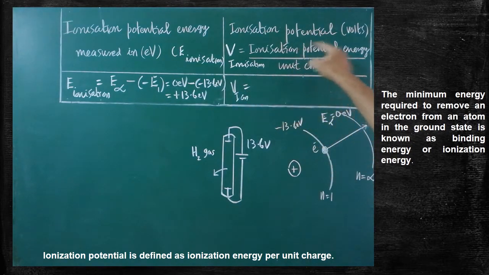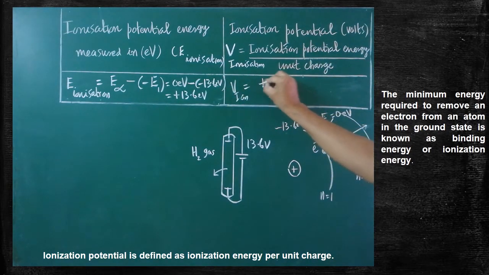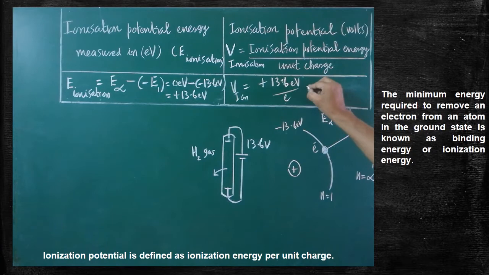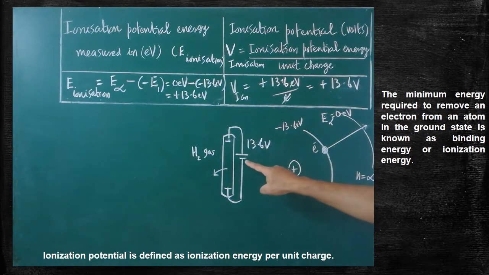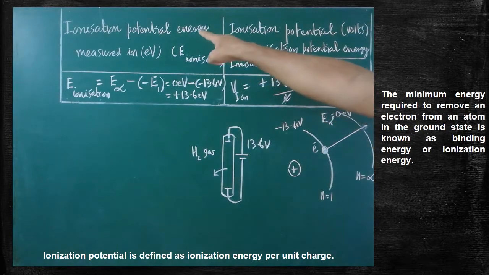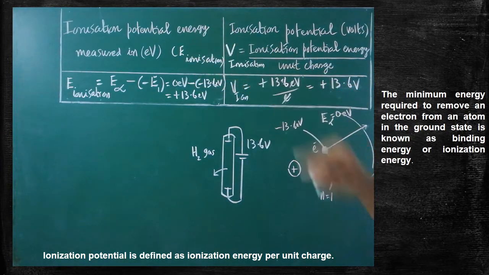Ionization potential energy is already calculated: 13.6 electron volt divided by e, the unit electron charge. The e can be cancelled, and you will get plus 13.6 volt. This much potential difference should be given, only then can the electron be removed from the hydrogen atomic system. This is called ionization potential. It is measured in volt. Ionization potential energy is measured in terms of electron volt.